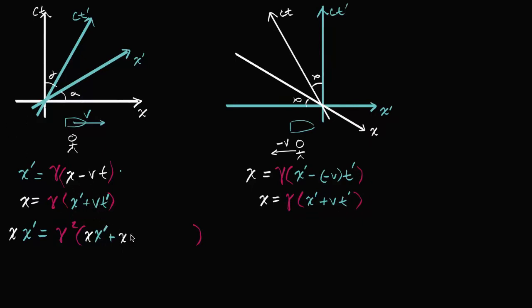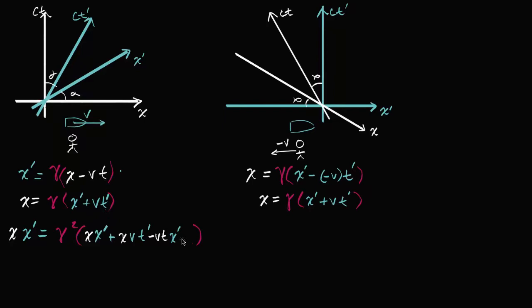Got to be careful here. X times positive vt prime. And then I have negative vt times x prime. And then finally, I'll have negative vt times positive vt prime.